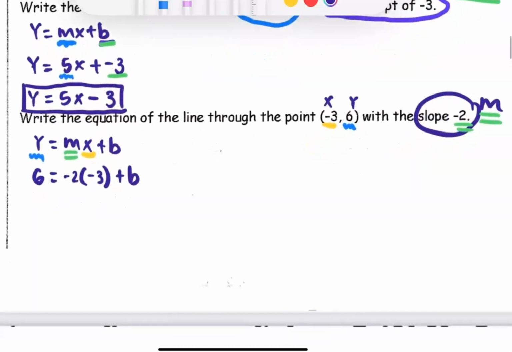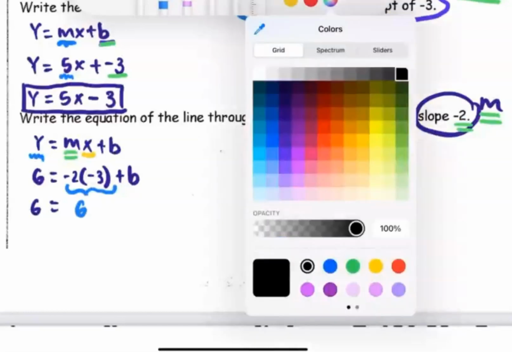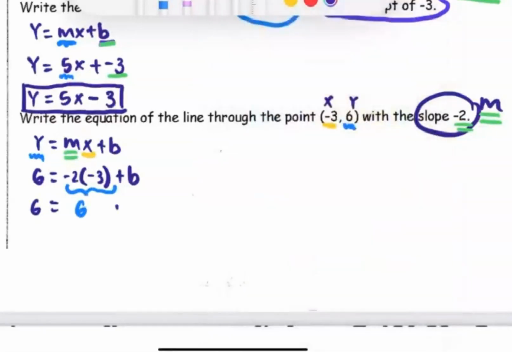So from here, we're just going to solve the equation. 6 is equal to, whenever you have -2 times -3, that becomes a +6. And you're going to keep copying your equation, so plus b. Then I'm going to get rid of the 6. To get rid of this 6, I need to move it over to this side, and it's going to be a negative, so this is gone.